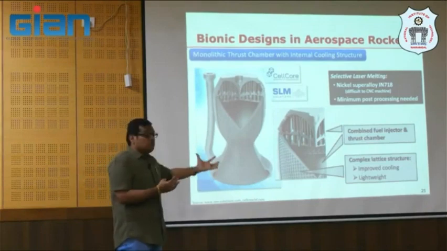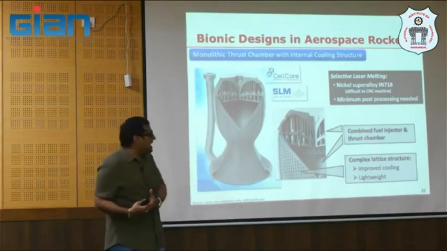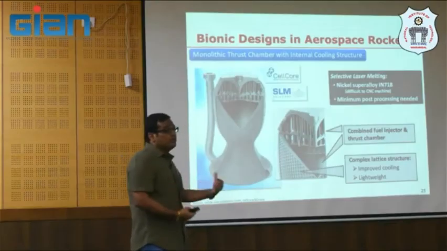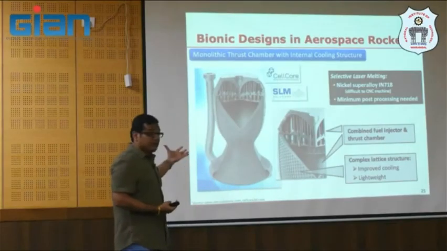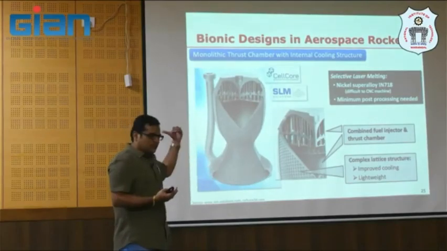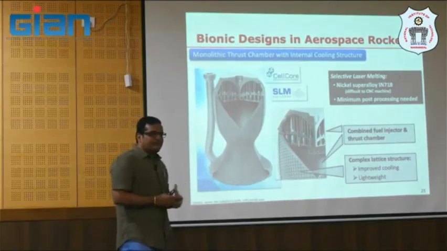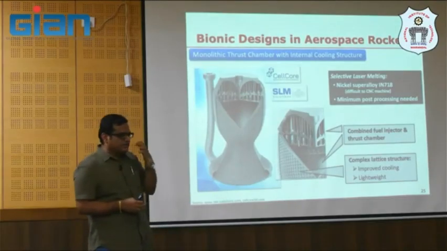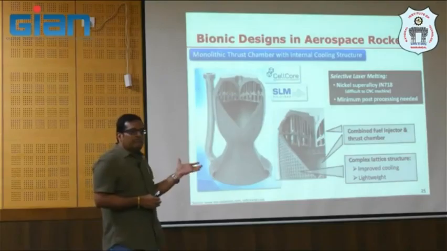So you are reducing the weight on one hand, and also you are improving the cooling efficiency, means your surface area, right, it's a heat exchanger, your surface area has been increased, and you are going to get that benefit. Your cooling improves, and also your weight reduction, right?